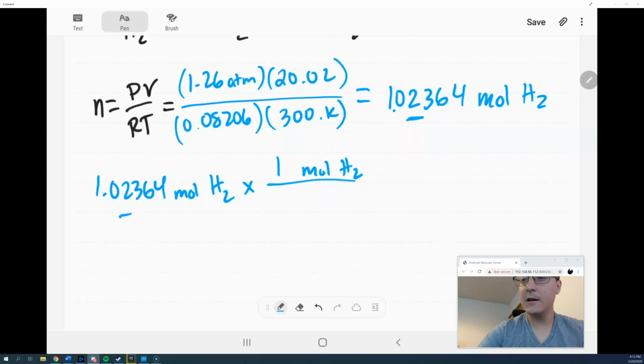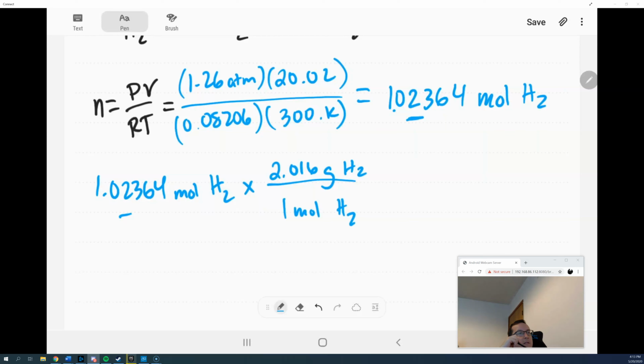If we do that, what's the unit going to be? Okay, fine, I can fix that. I can swap it. So we end up with grams of hydrogen. And how does that help us?